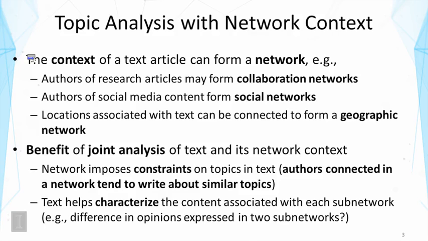Text also can help characterize the content associated with each subnetwork. And this is to say that both kinds of data, the network and text, can help each other. So for example, the difference in opinions expressed in two subnetworks, let's say two social networks, can be revealed by doing this kind of joint analysis.